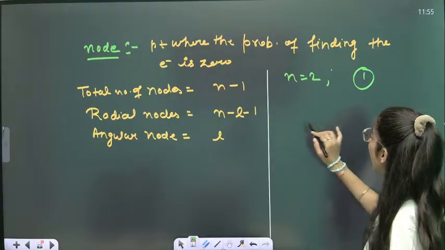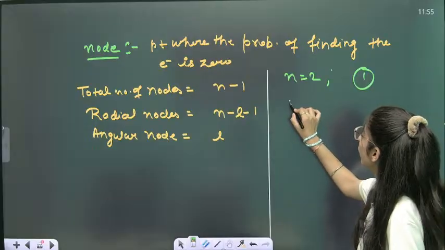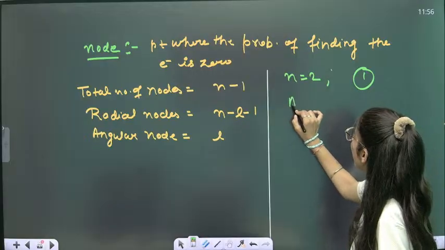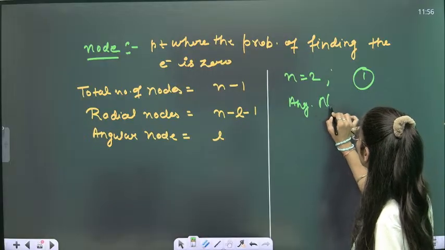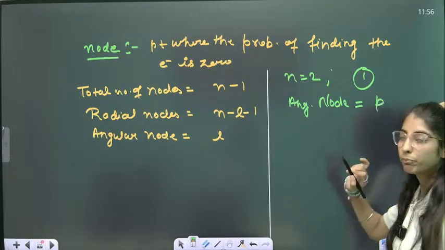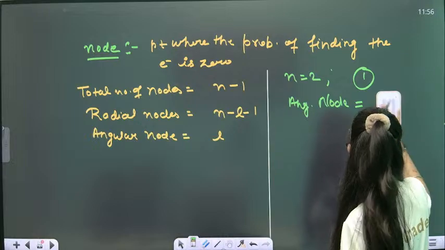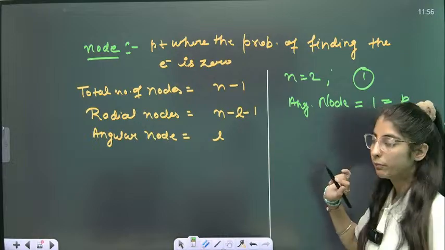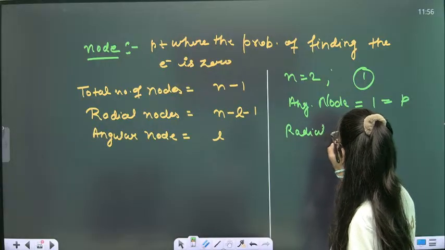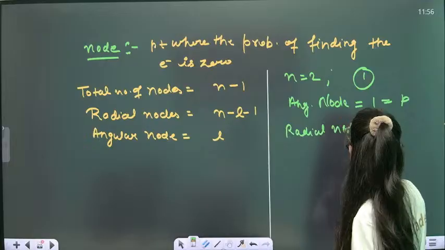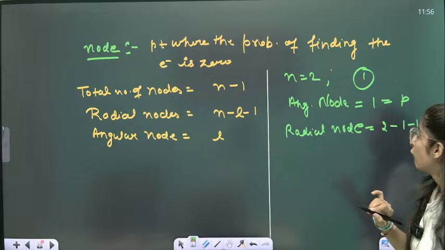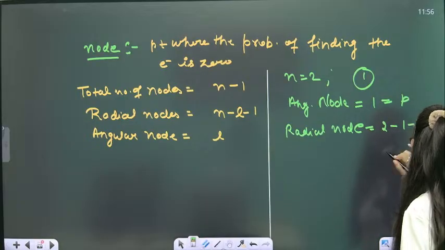Let's say if l is 1, then your angular node is equal to l, which represents p. Now if you want to calculate the radial node, it is equal to 2 minus 1 minus 1, which is simply equal to 0.